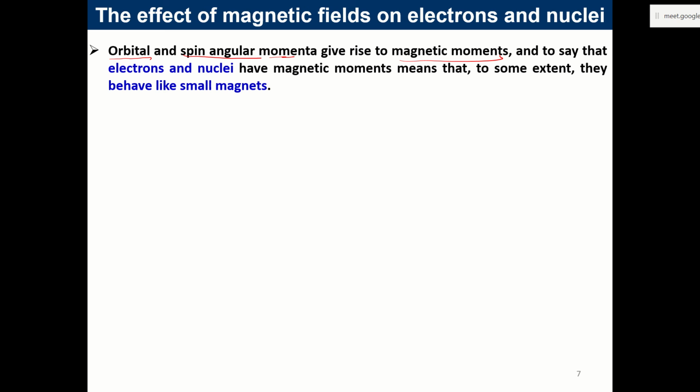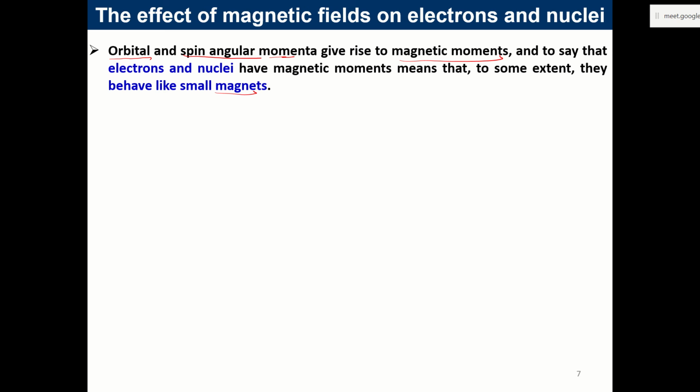Or you can say that this magnetic moment is proportional to the spin angular momentum and the orbital angular momentum. So you can say that the electron behaves as a tiny magnet, just like a small magnet. The protons or neutrons all behave as tiny magnets because they have spins.